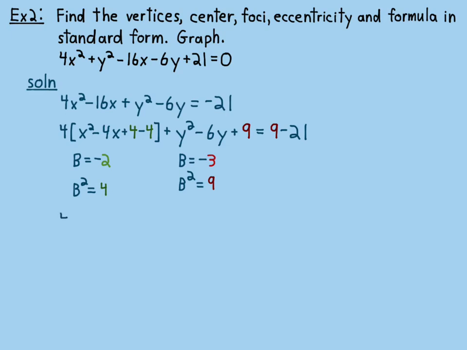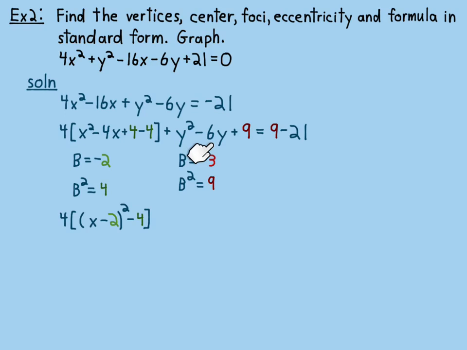Okay, now the first 3 terms of this expression, x squared minus 4x plus 4, that factors as x plus B, the quantity squared. So that would be x minus 2, the quantity squared. And it leaves this minus 4 left over, still inside the square brackets with the 4 on the outside.